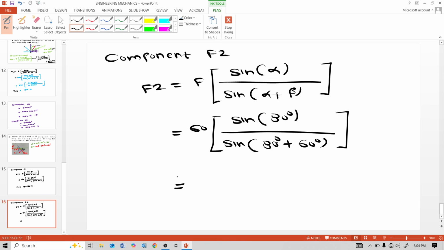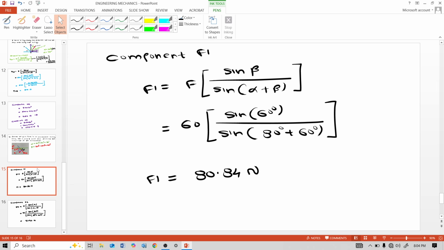So sine of 80 upon sine of 80 plus 60, into 60, is 91.93 Newton. So this F2 oblique component is 91.93 Newton and the F1 oblique component is 80.84 Newton.